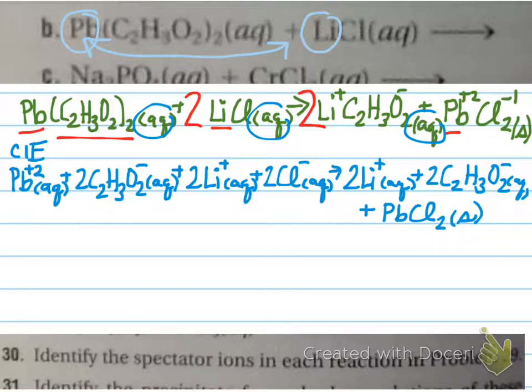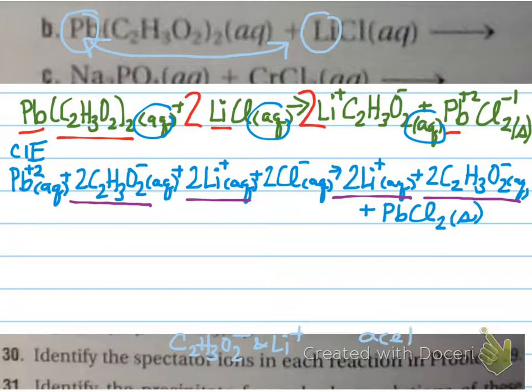Looking for my spectator ions. Again, I have 2 acetates here and 2 acetate ions here. I have 2 lithium ions and 2 lithium ions. So again, I can say C2H3O2 negative and Li plus, or I can say acetate and lithium ion for number 30.